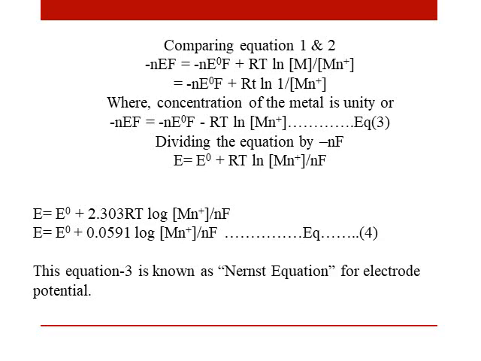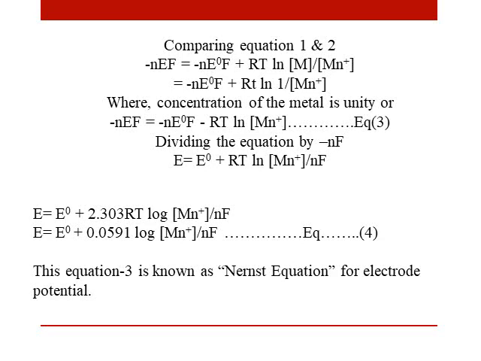If you convert ln to log, you have to multiply by 2.303. So E is equal to E naught plus 2.303 RT log concentration of M n plus divided by NF.